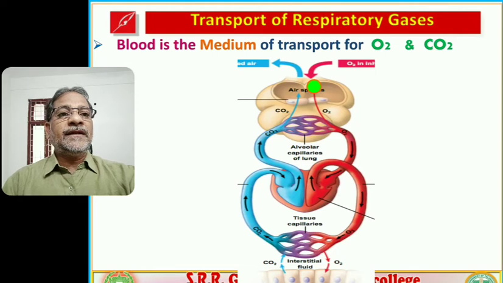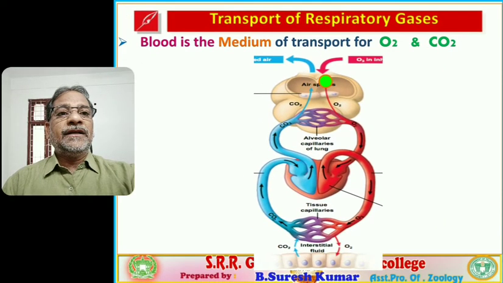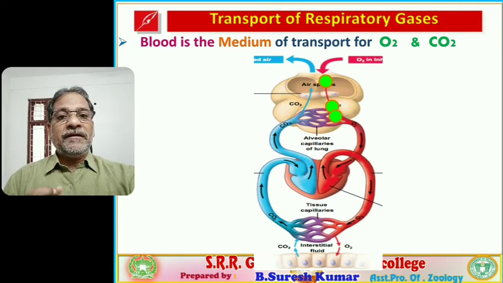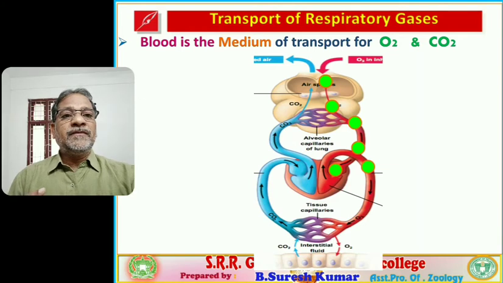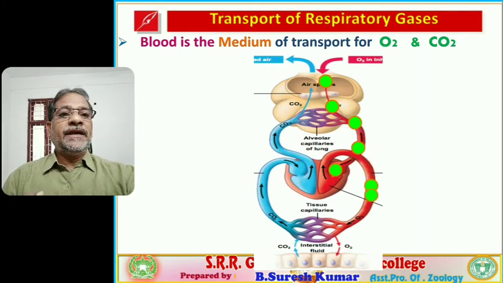From the alveoli, the oxygen is trapped into the blood, so the hemoglobin picks up this oxygen molecule, and the oxygenated blood moves into the heart, and then the heart pumps the oxygenated blood to the tissues.